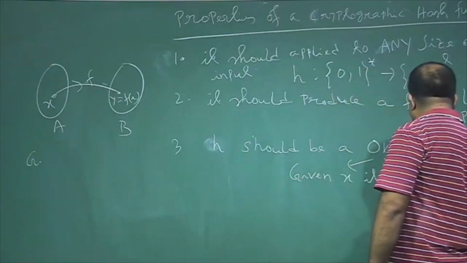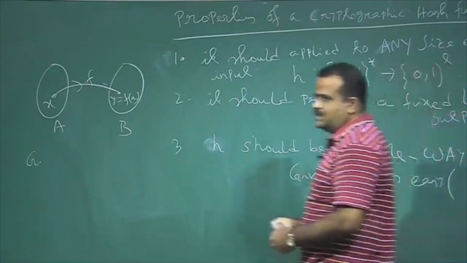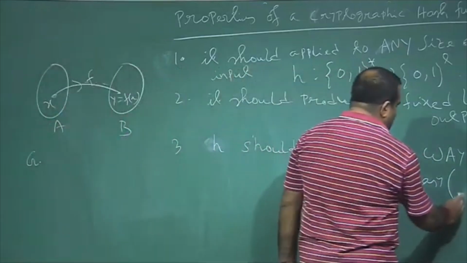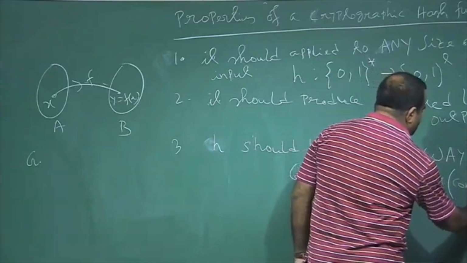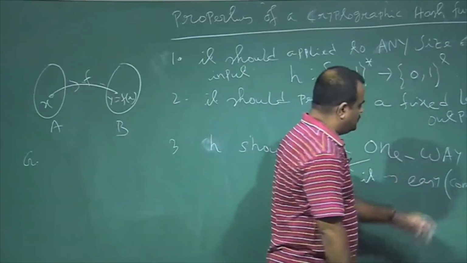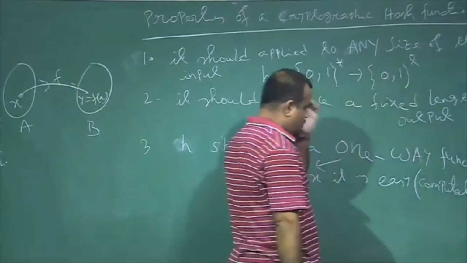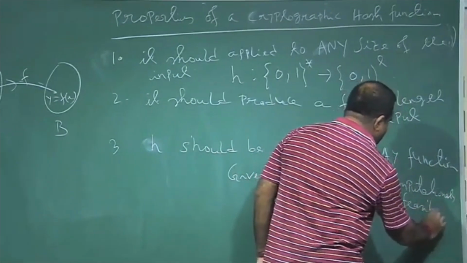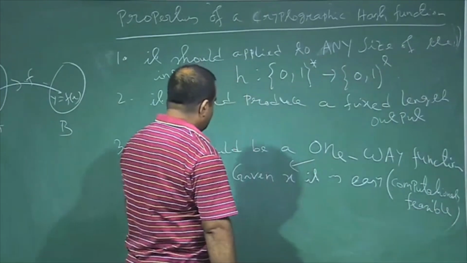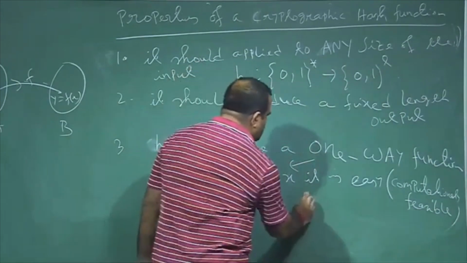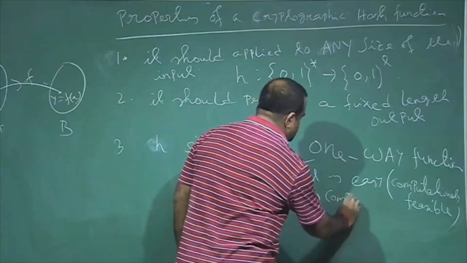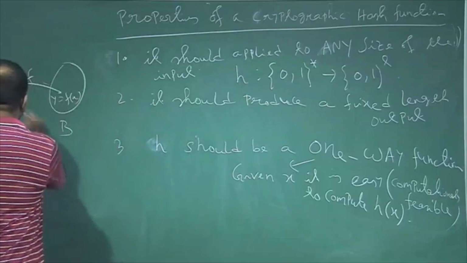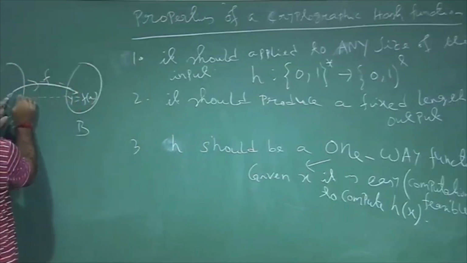Easy is a vague word; easy means computationally feasible. That means there is a polynomial time algorithm to compute this. Given x, it is easy to compute h of x.